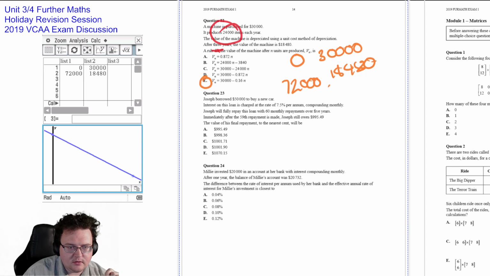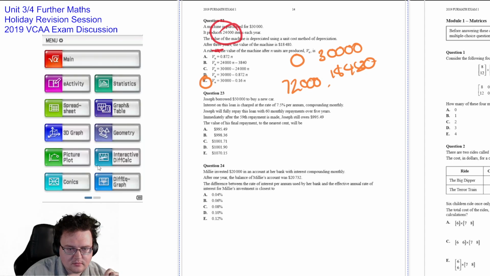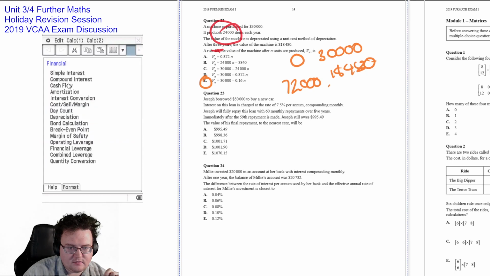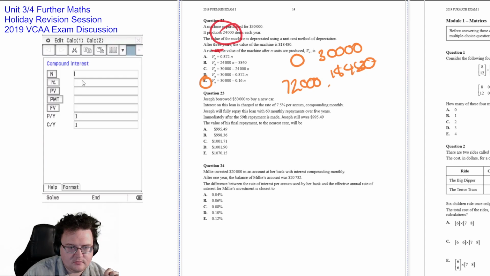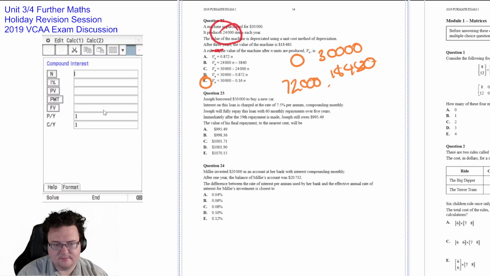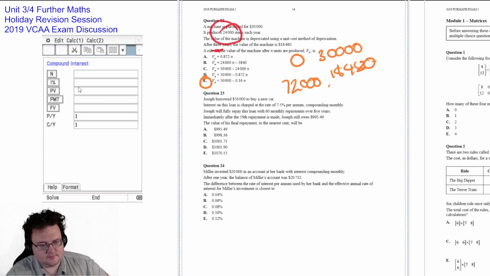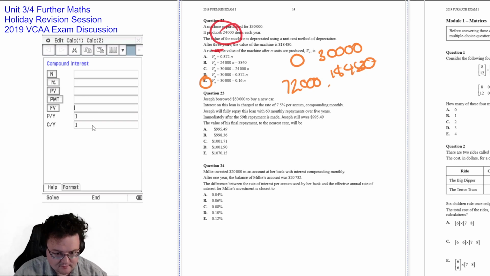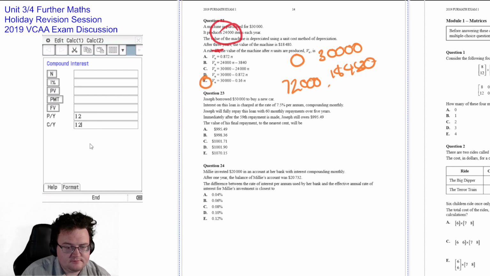So, menu, financial, compound interest. So, it's compounding monthly, 12 and 12. Final value, what's the final value?